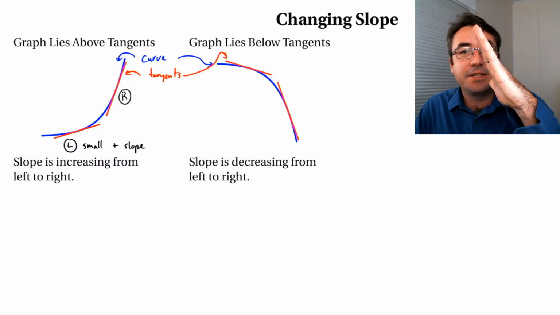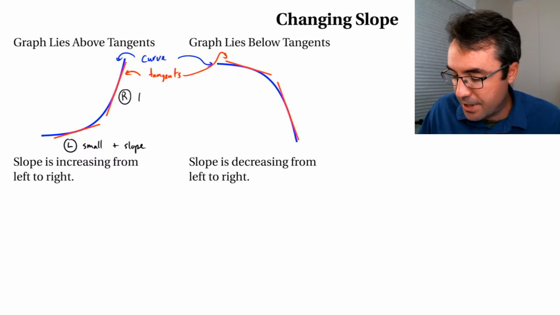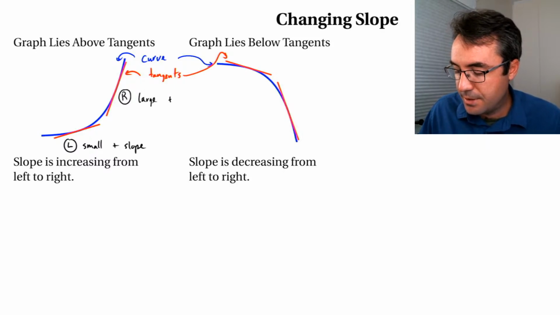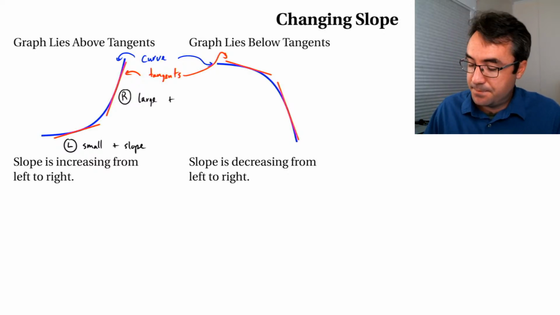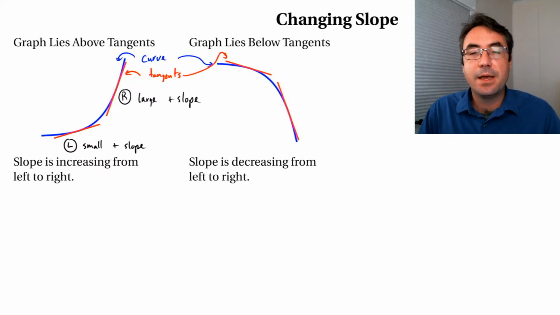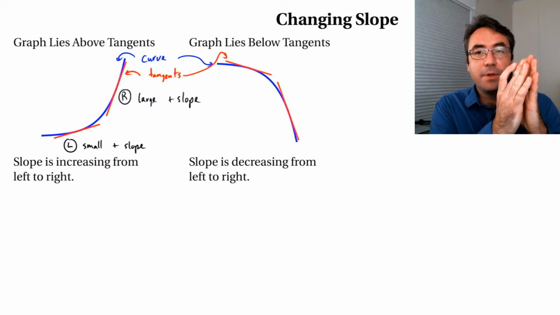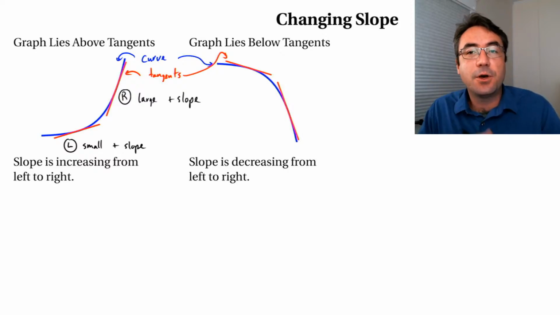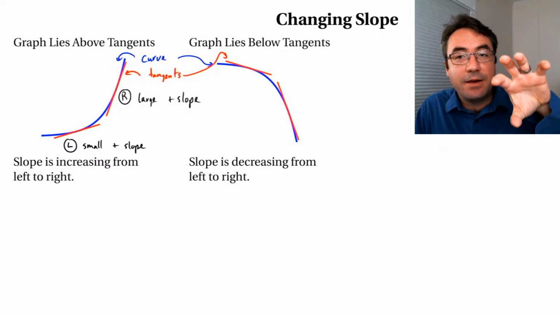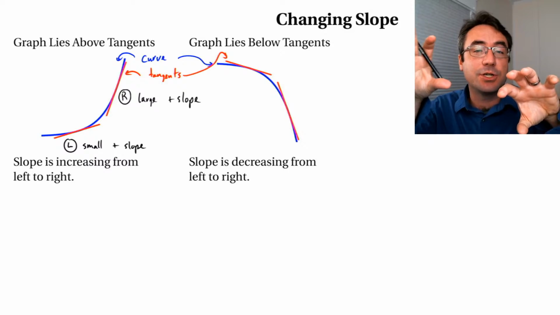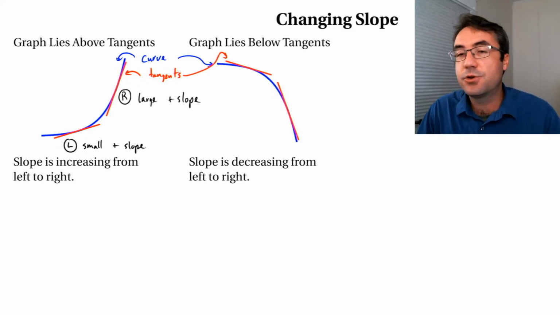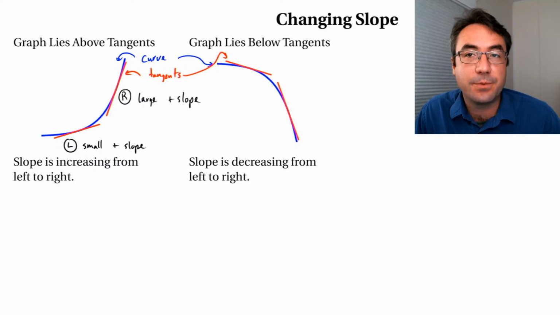There the tangent line is steeper. So this is going to have a large, and it's going up, so it's positive. So the tangent line there would have a large positive slope. And so what we see in this first example, as we move from left to right, the slope is increasing. On the left we start small and positive, and then on the right we get to large and positive. So it's an increasing slope as we read left to right.